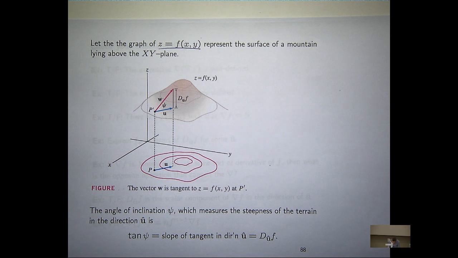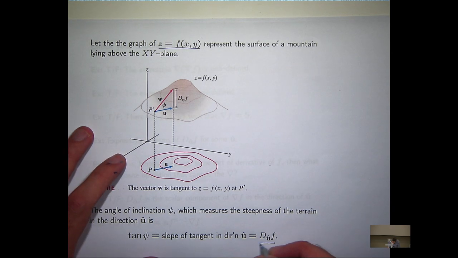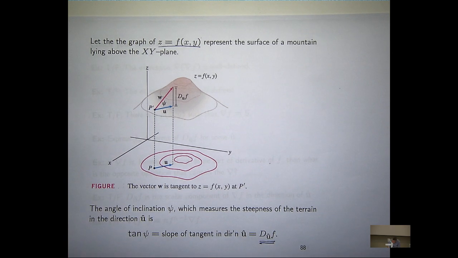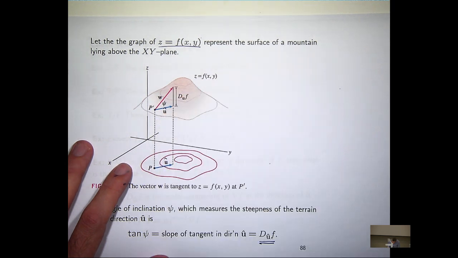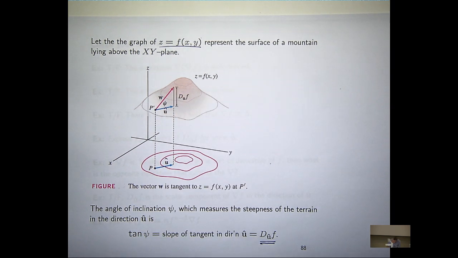Now, the directional derivative in the direction of this unit vector, and again, these are unit vectors, well, we can draw a little triangle.